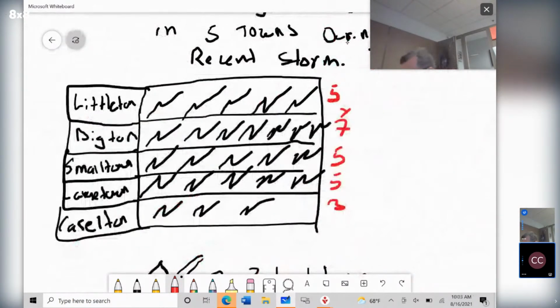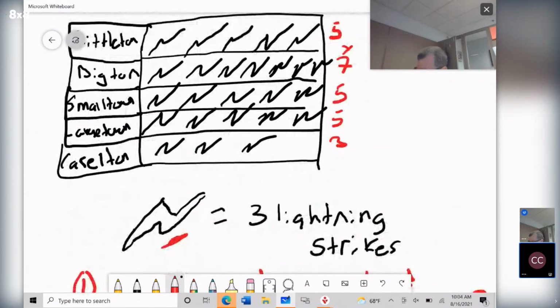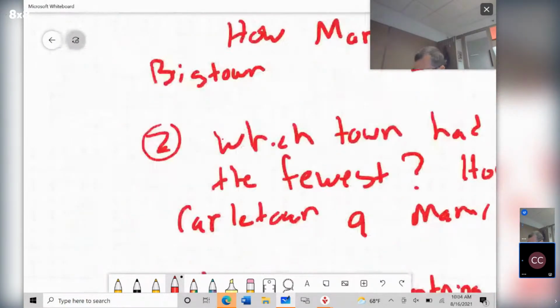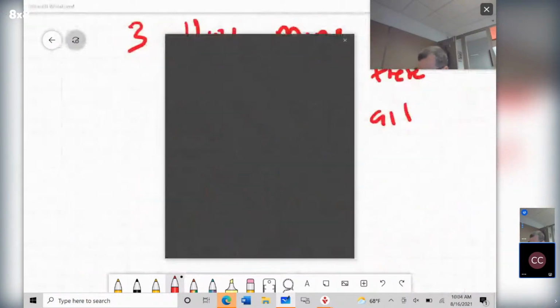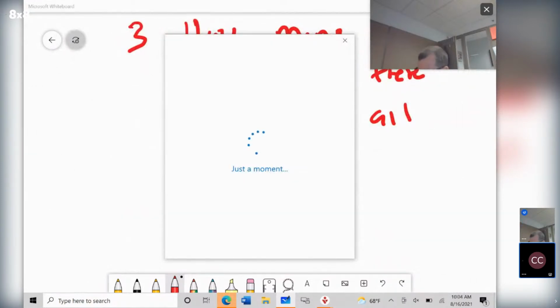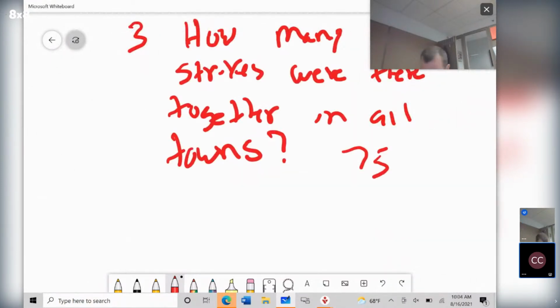And we have 5, 7, that's 12, 17, 22, and 25. So all these add up to 25. Remember, each symbol represents 3. So even though there's 25 symbols, each symbol is going to represent 3 lightning strikes. So if there's 25 symbols times 3, that's going to be 75. Okay, because you have to look at the symbols. So that's going to be 75.